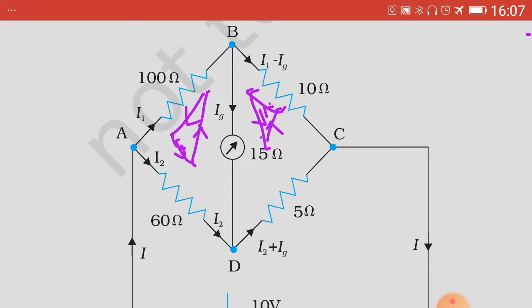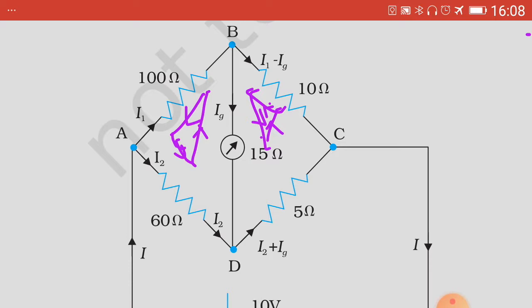Then traveling from B to D, so again it will be minus sign, minus because both are in the same direction, so minus 15 Ig. Then traveling from D to C, so same direction, so again minus sign, so minus 5 into bracket is important here, minus 5 into bracket I2 plus Ig.